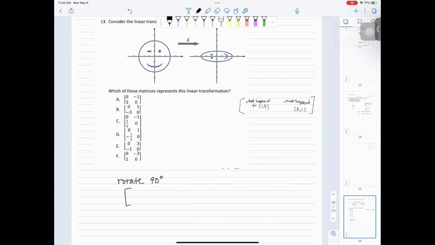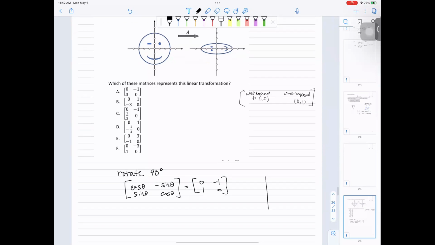It's cosine, sine, negative sine, cosine. And when we plug in 90 degrees, what do we get? We get 0, 1, negative 1, 0. So once I rotate counterclockwise, my smiley face looks like the dot is over here, the rectangle is here, and the smiley face is like that, right?